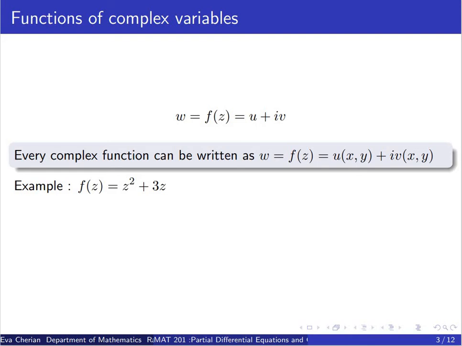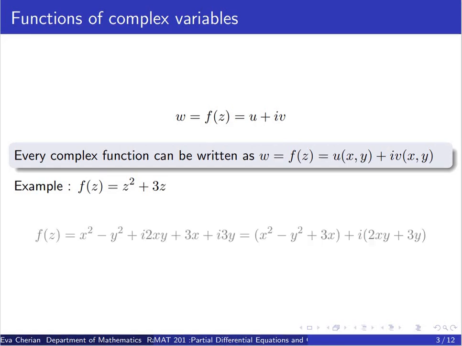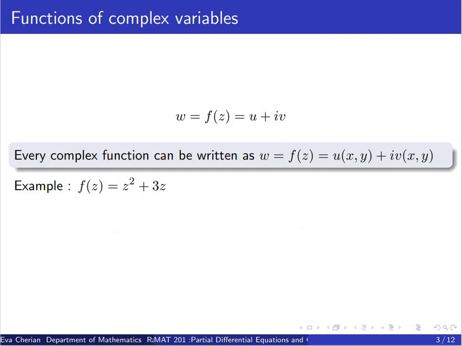For example, f of z equal to z squared plus 3z. z is x plus iy. So we can write this as x plus iy the whole squared plus 3 times x plus iy.